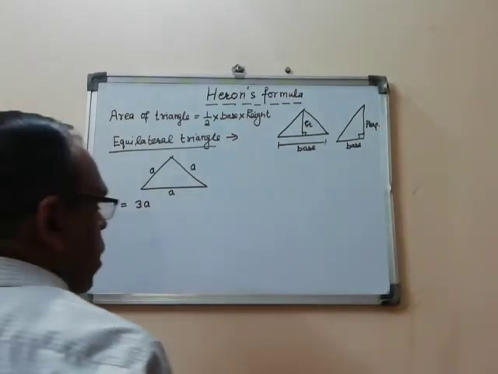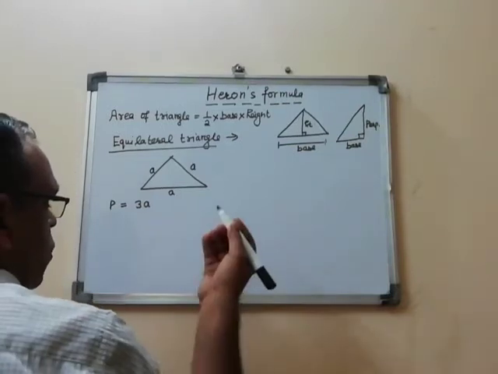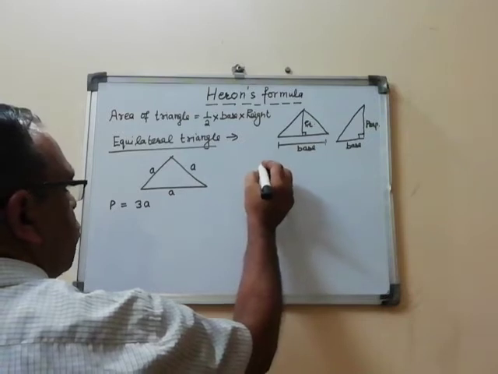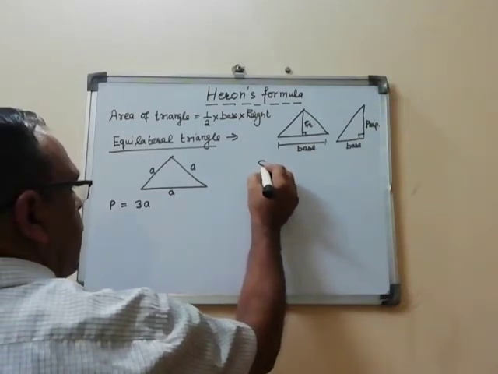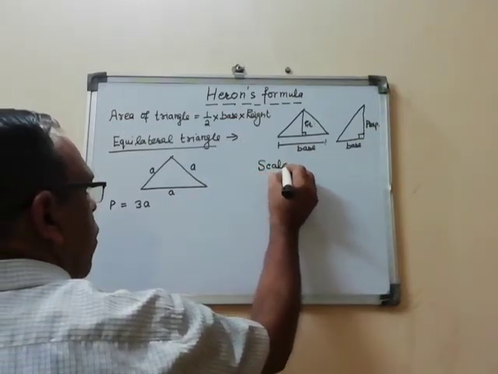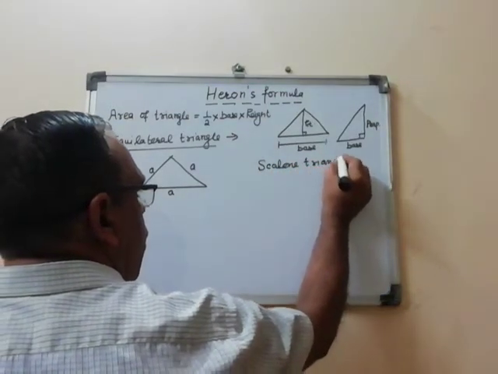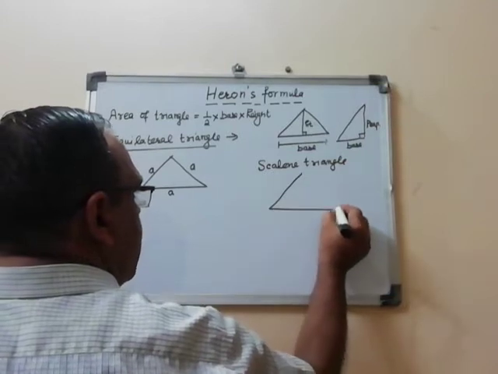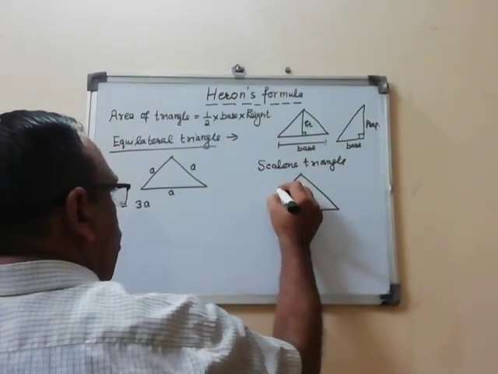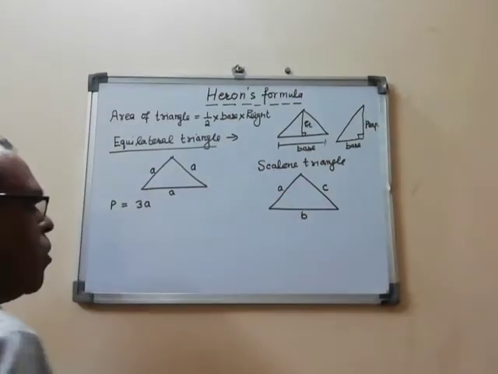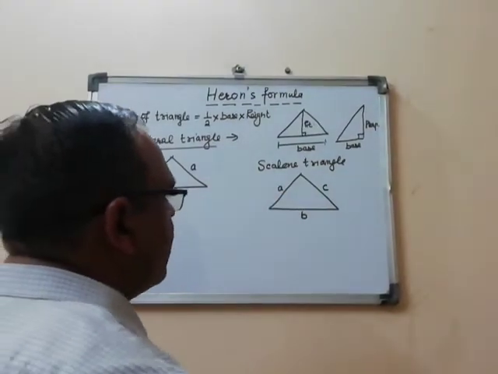Okay, and suppose we are taking the case of a scalene triangle, in which all the three sides are of different measurement. Suppose A, B, C are the three sides.